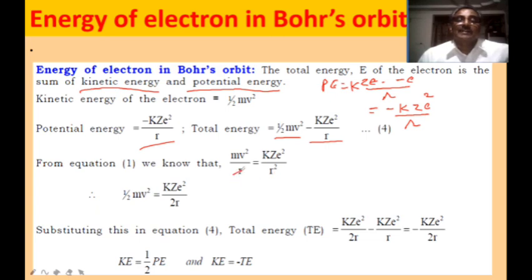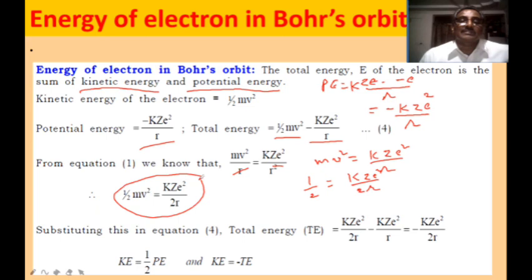If one of the r's is cancelled here, we get mv square is equal to kZe square by r, or half mv square is equal to kZe square by 2r. This is that equation. Half mv square is equal to kZe square by 2r.